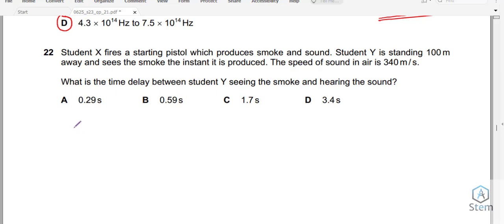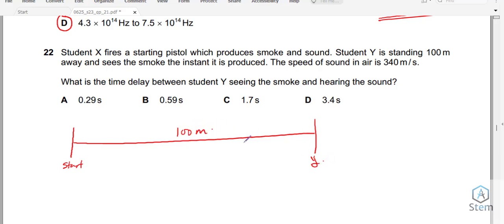So, the pistol is going to be fired at the starting line, and the sound is going to travel 100 meters to student Y. This is 100 meters. The time for sound to travel the given distance is what we are looking for.